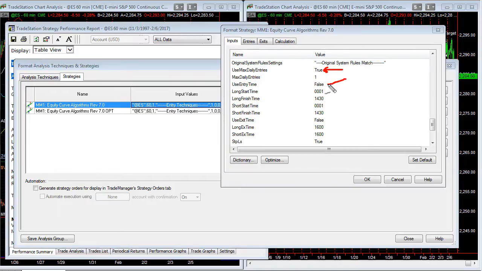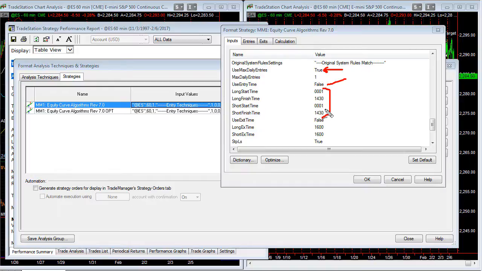Use entry time. You want to set this false for swing trade strategies. For day trade strategies, or strategies that have intervals smaller than daily bars where you can reference the time, and your rule actually uses those time frames, then you want to set this to true. And then once you set that to true, it's these 4 parameters here: the long start time, long finish time, short start time, short finish time.